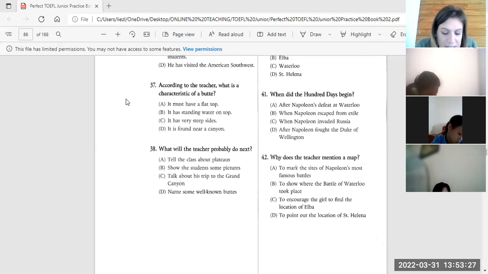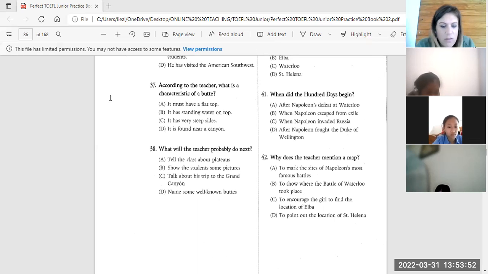At the beginning of the lecture, the teacher says that he wants to tell the students about buttes, mesas, and plateaus. During the lecture, he describes them. So he's probably going to tell the class what next. Now remember, he told them the characteristics here. Let me go up.